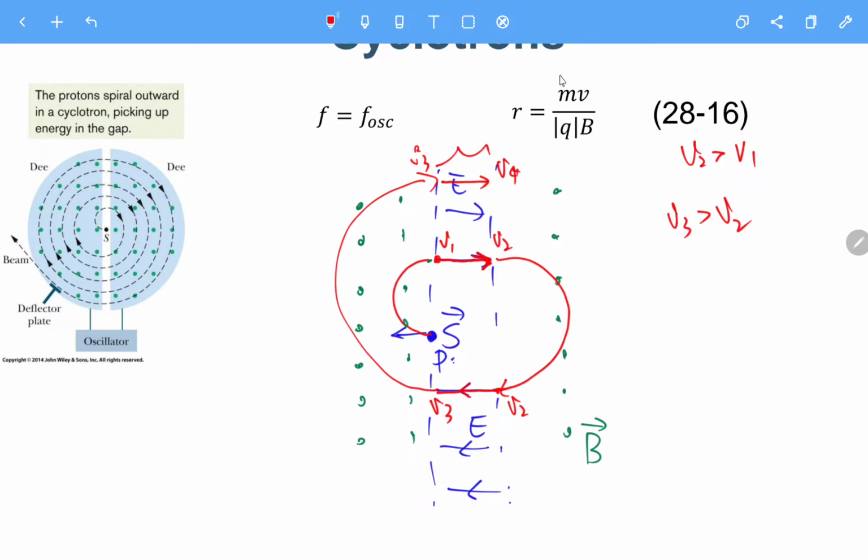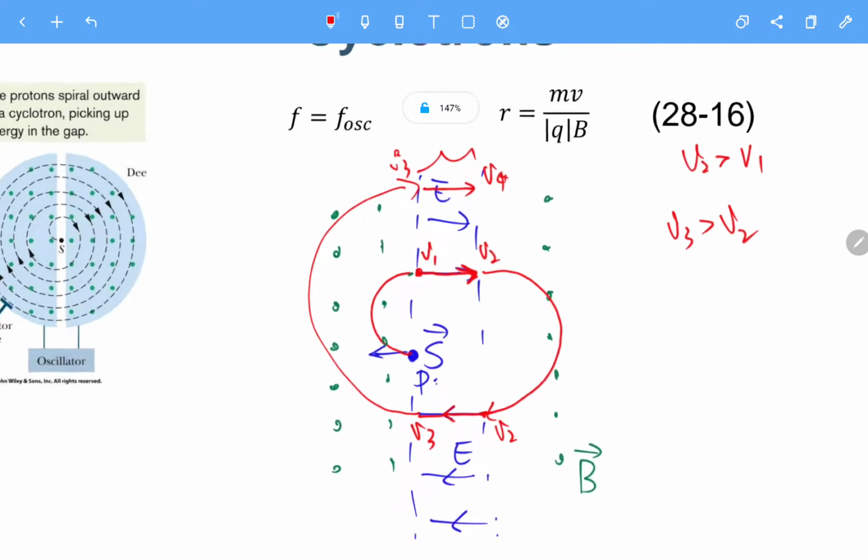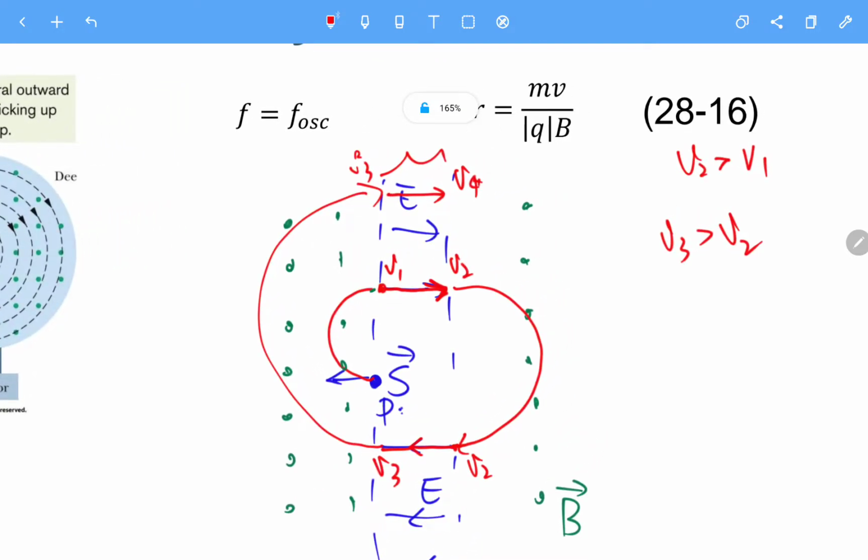So the velocity of this particle accelerator depends on the radius and also the magnetic field, because you can imagine, given fixed particles, for example here we talk about the proton, m is a fixed value, and for the proton, q is also a fixed value.